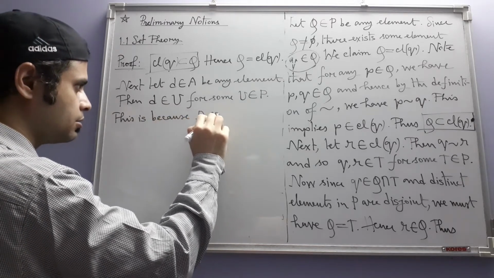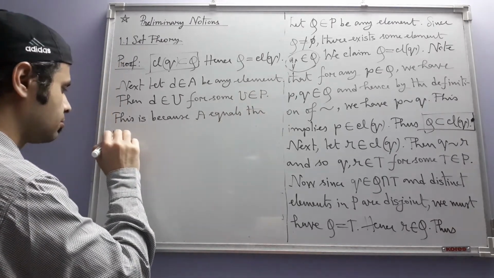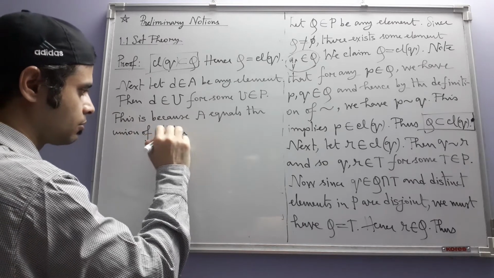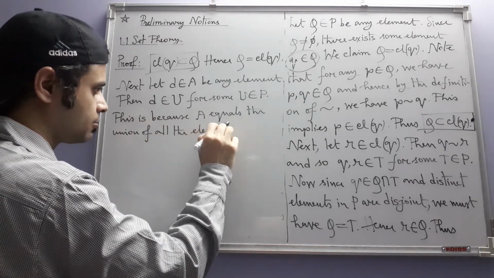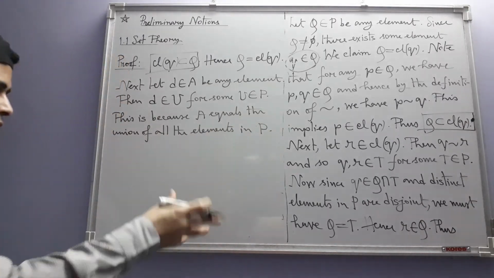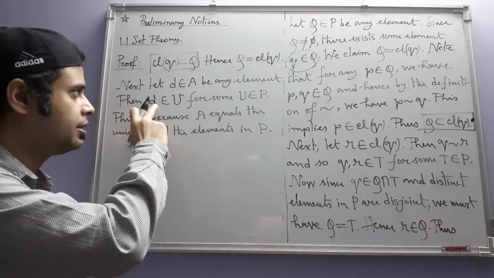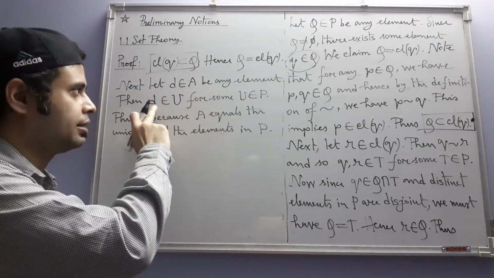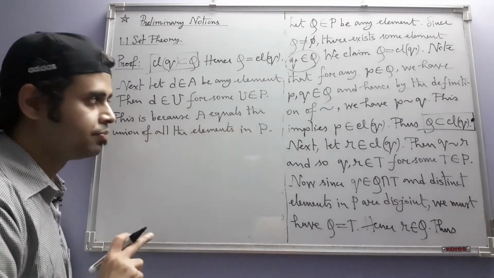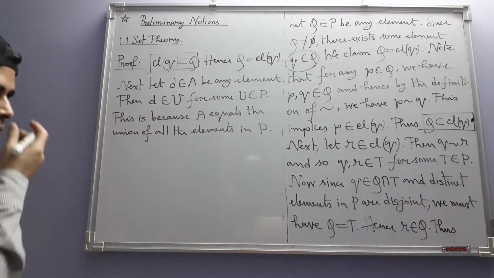A equals the union of all the elements in P. So the elements in P means they are subsets of A. Their union is A. So any element you take in A, that element will belong to some subset coming from P. So let U be such a subset that contains D. Okay.